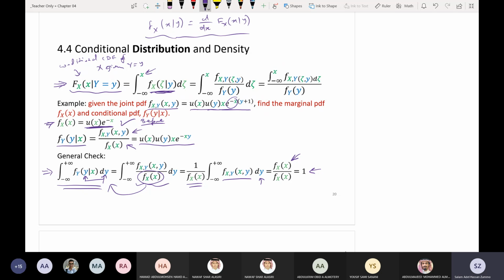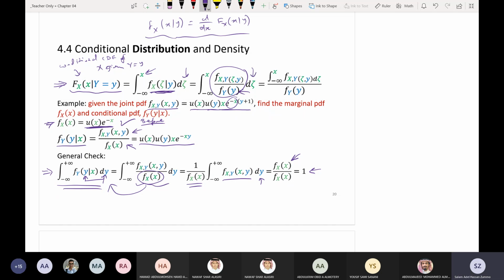However, what is the conditional density function? It's written as the joint density divided by the marginal density of y. And you can see that the denominator here has nothing to do with the integral. The integral is with respect to x.